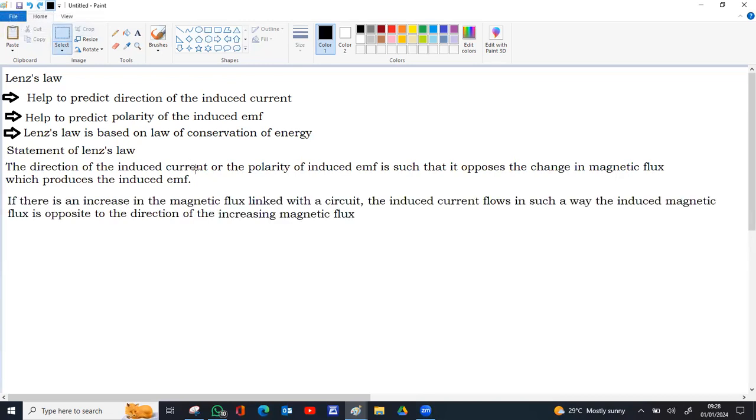If there is an increase in the magnetic flux, the induced current must produce a magnetic flux that is opposite to the direction of the increasing magnetic flux.